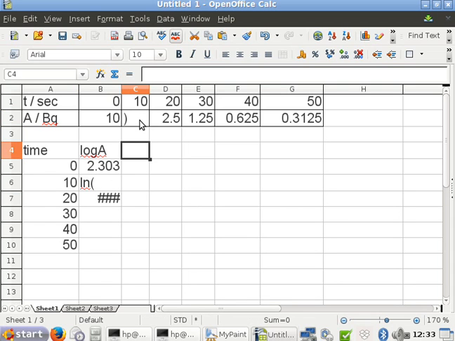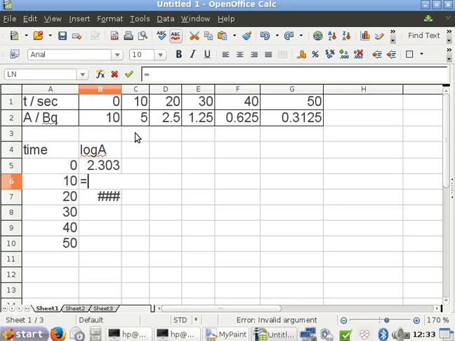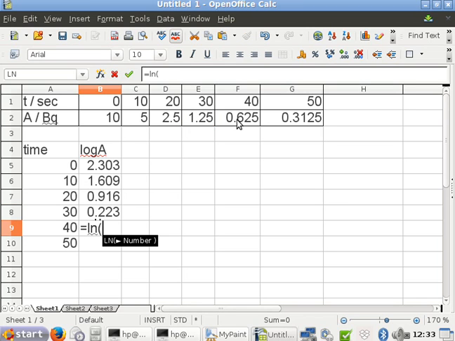Log 5, log 2.5, log 1.25, log 0.625. Did you get that as well? Yeah. Okay, so we'll graph it now.